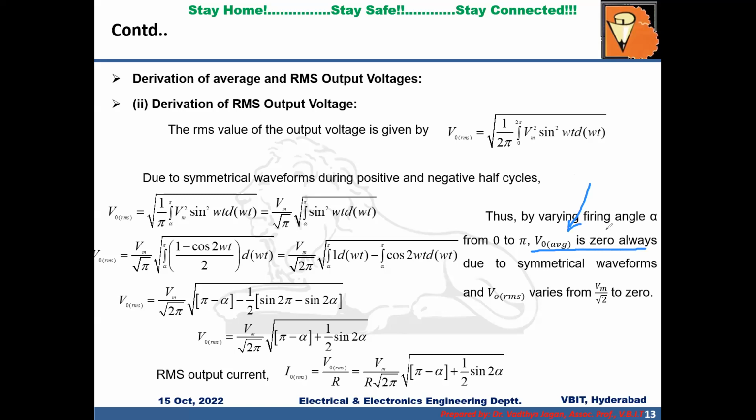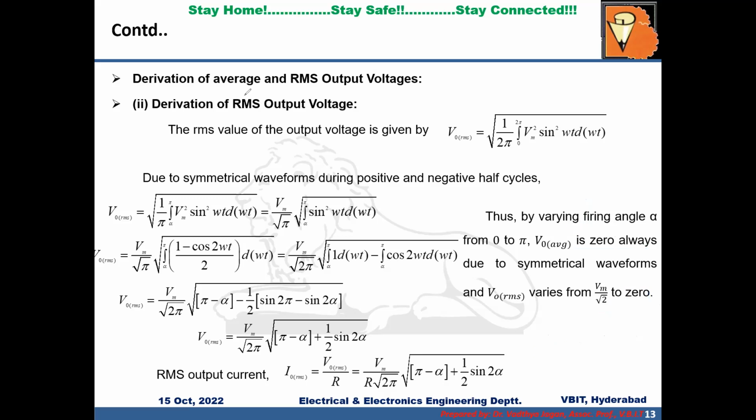We can vary the RMS output voltage from 0 to a maximum of Vm by root 2. When alpha equals 0, it is Vm by root 2, and when alpha equals pi, we get 0. So by varying alpha from 0 to pi, we get the RMS output voltage from Vm by root 2 to 0.